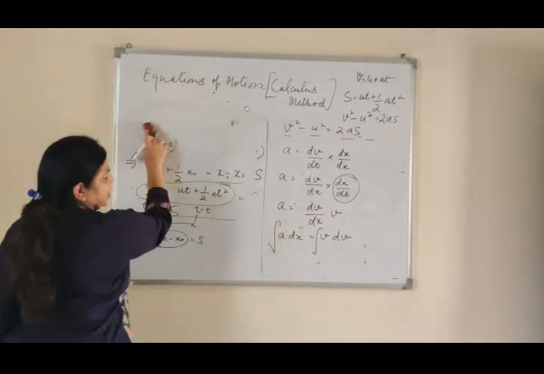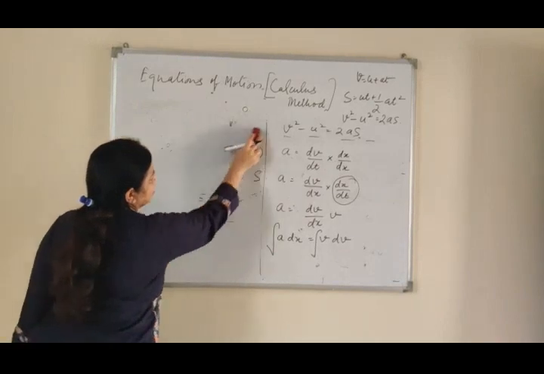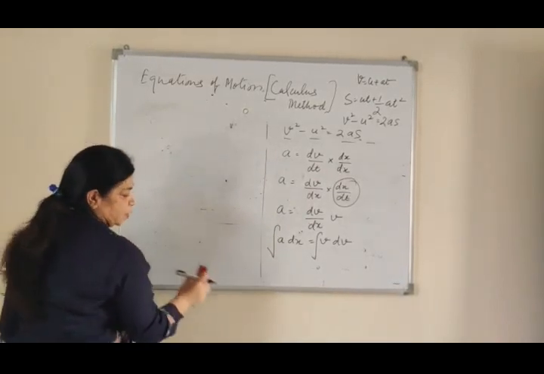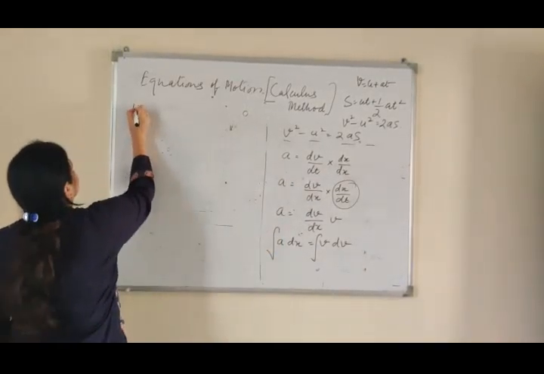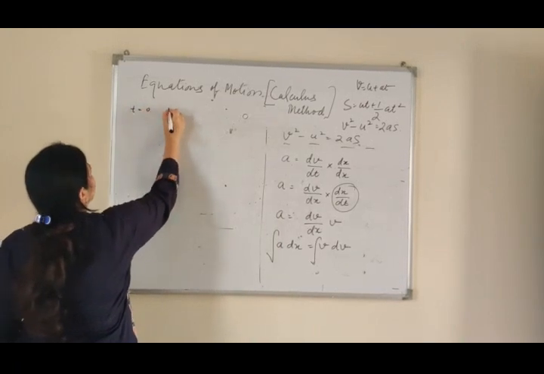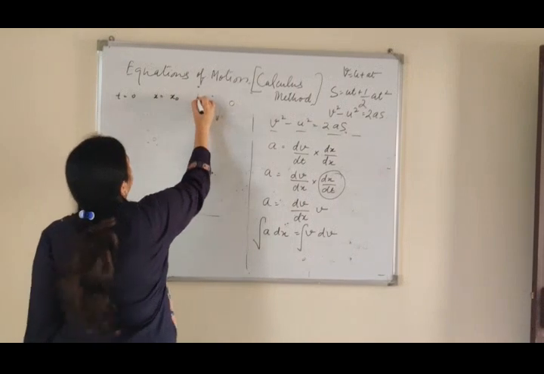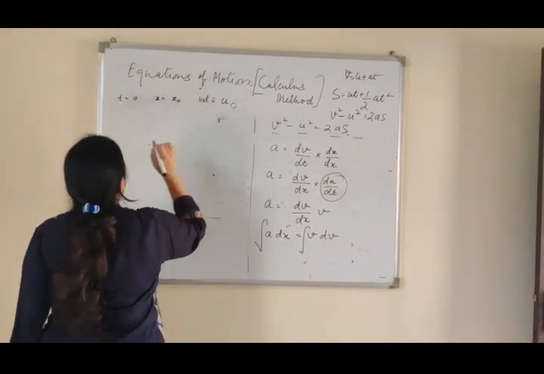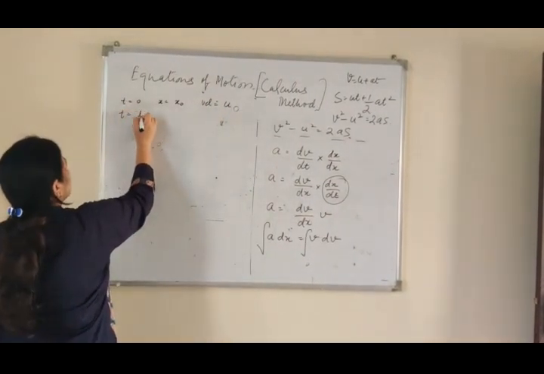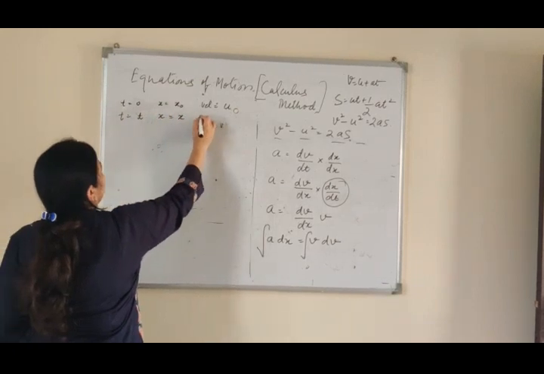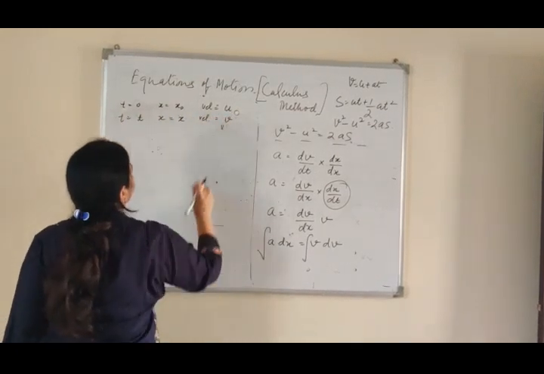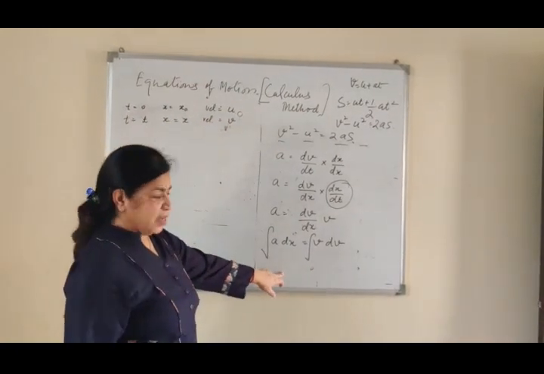At time t is equal to 0, x is equal to x naught and velocity is equal to u. When t is equal to t, x is equal to x, velocity is equal to v. So accordingly we can put the limits.